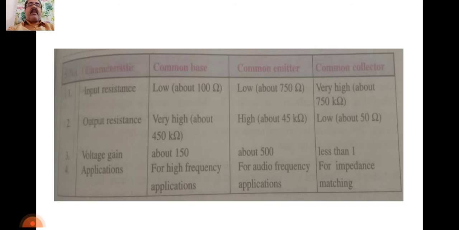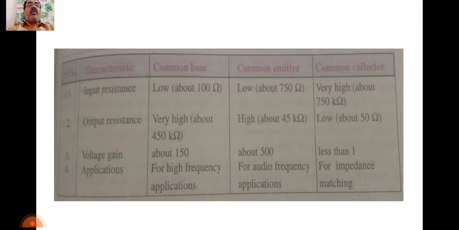Second, the output resistance: for common base it is very high, about 450 kilo ohm, for common emitter it is high, about 45 kilo ohm, and for common collector it is low, about 50 ohm.